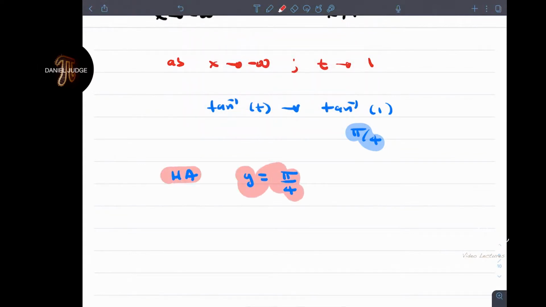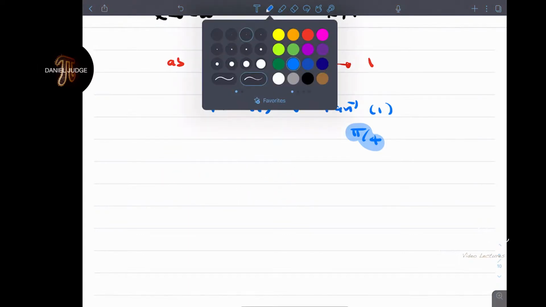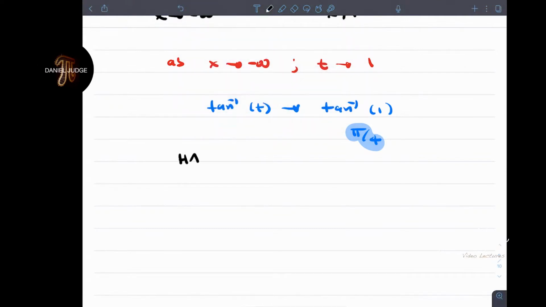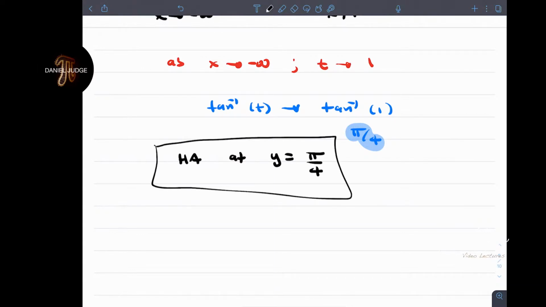So anyway, this is why we looked at those limits. I guess we have to color it in black, maybe. Anyway, limits at infinity, you have horizontal asymptotes at y equals pi over 4. And that's what the limits at infinity give you.